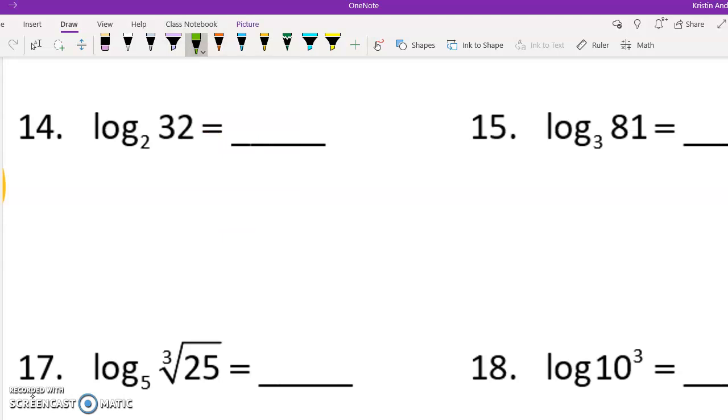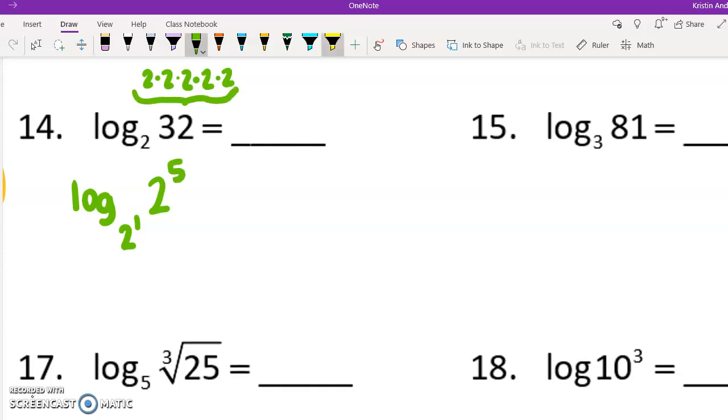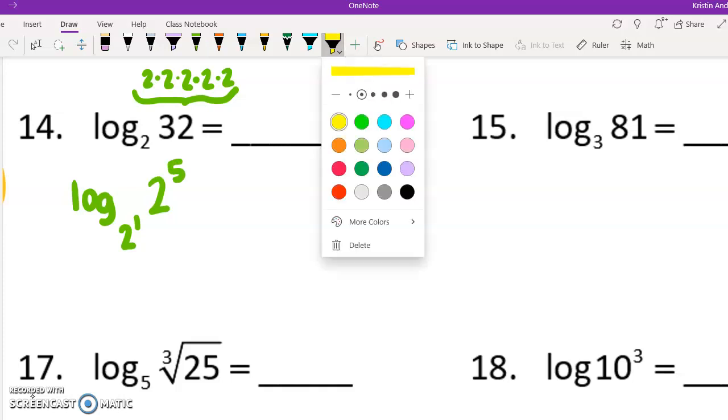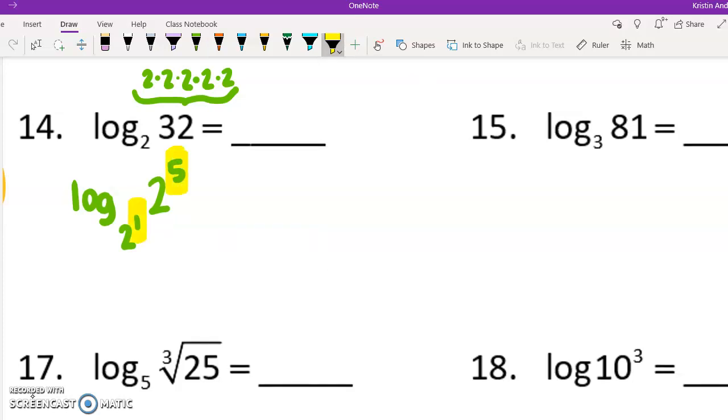Yes, because we have log base 2, so 2 is 2 to the first, and 32 can also be written as a power of 2. 2 times 2 is 4, times 2 is 8, times 2 is 16, times 2 is 32. So we can see that 32 is 2 to the 5th power. Now you can just take 5 and divide it by 1. 5 divided by 1 is 5.